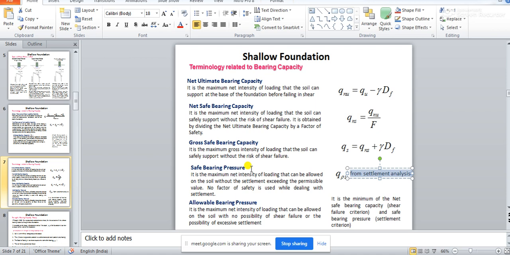That much maximum net intensity will be called the allowable bearing pressure.